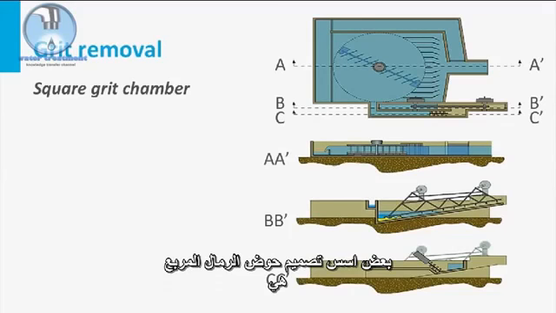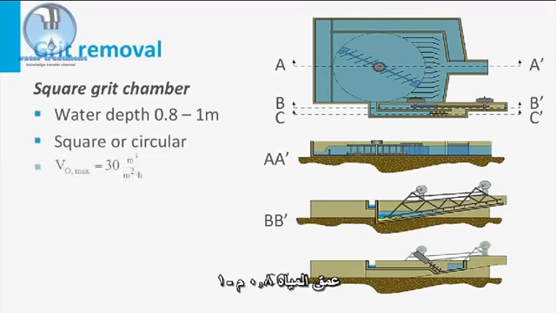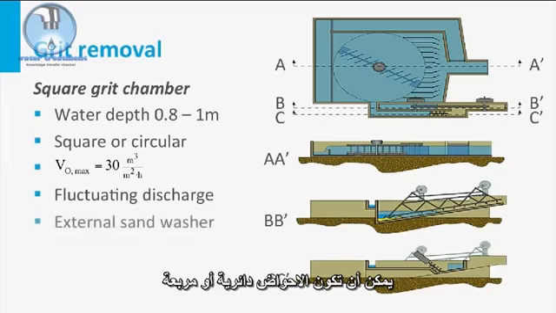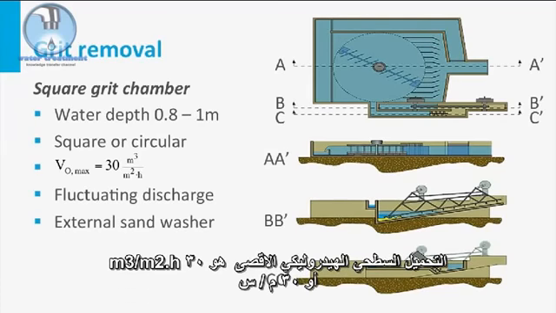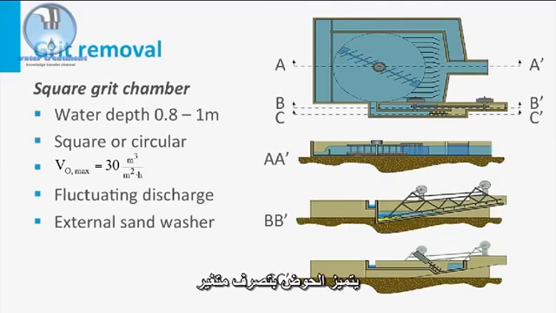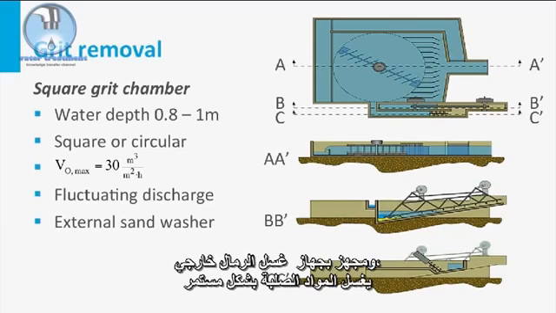Some design features of a square grit chamber are: the water depth is 0.1 to 1 meter, tanks can be square or circular, maximum hydraulic surface load is 30 cubic meter per square meter per hour, or 30 meter per hour. The tank is characterized by a fluctuating discharge and is equipped with an external sand washer continuously washing the solids.